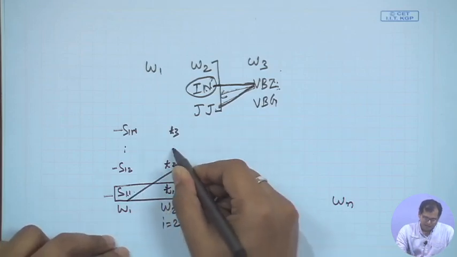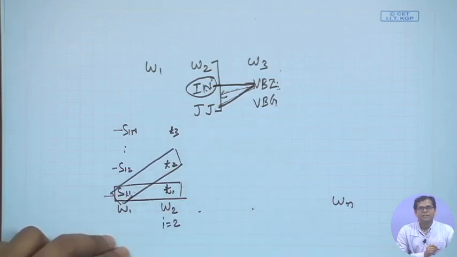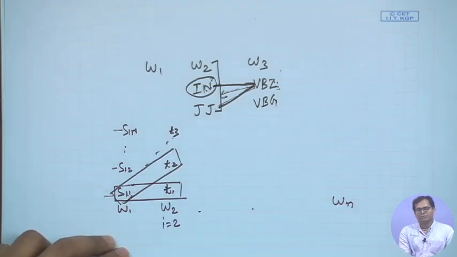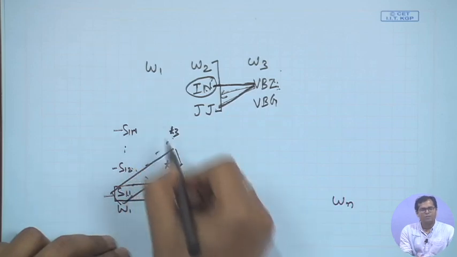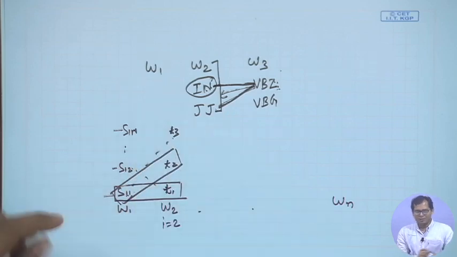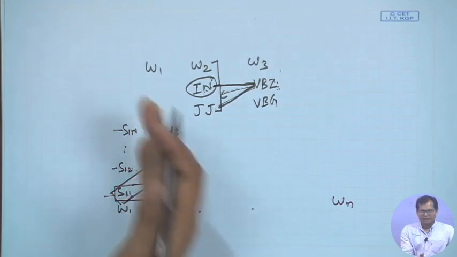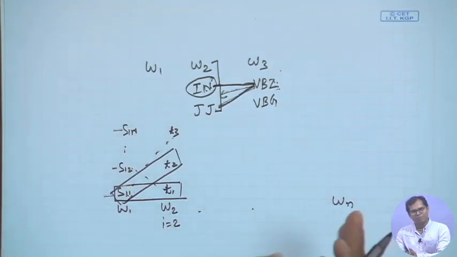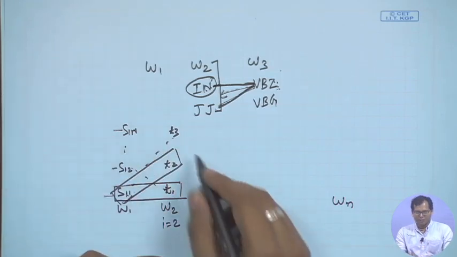S11 and T2 becomes the second sequence, and S11 T3 becomes the third sequence. Similarly, S12 T1 becomes the fourth sequence, and so on. So in this case there will be 3 times n sequences. This you can take in the general case. This may not be one tag, this will be a sequence up to this point. So these are all the possible sequences at this point.